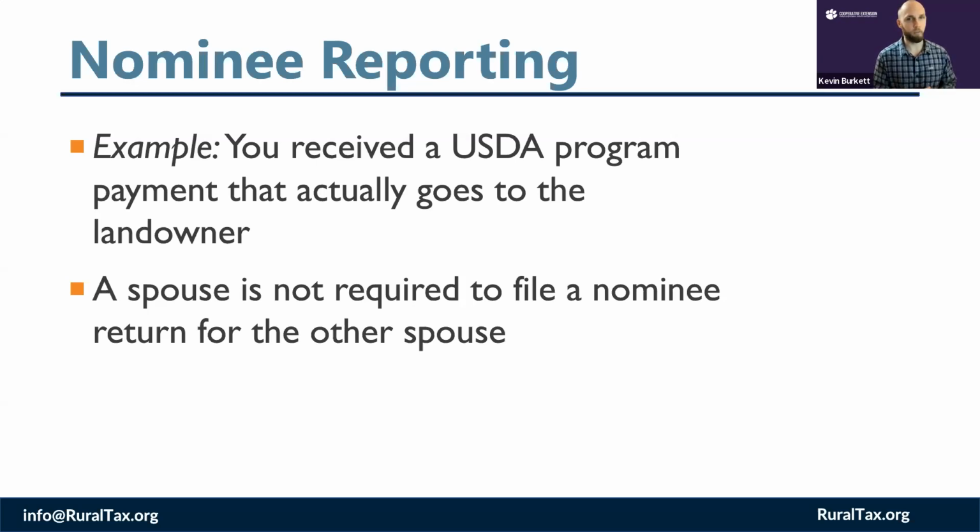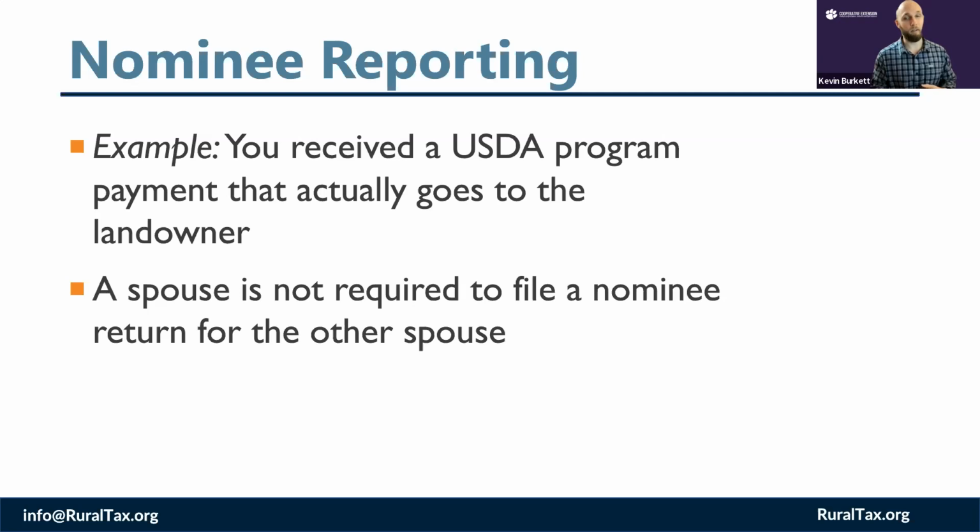It could be a conservation program or something. And you've already agreed that that payment will go to them, but you receive that 1099 and the payment. Basically, what you would do is send that amount to the landowner, and you create another 1099 and send that to the landowner to show that, okay, I've received this amount, but it has been transferred now to the landowner.